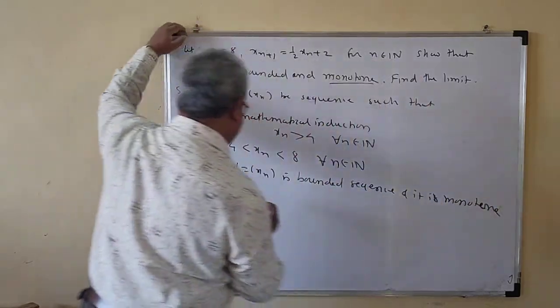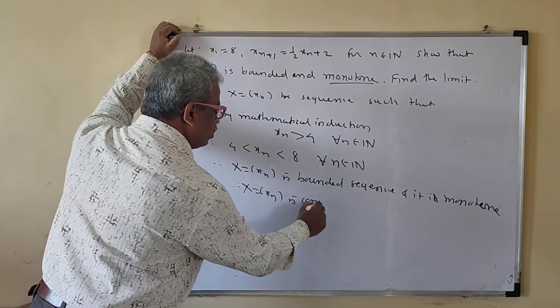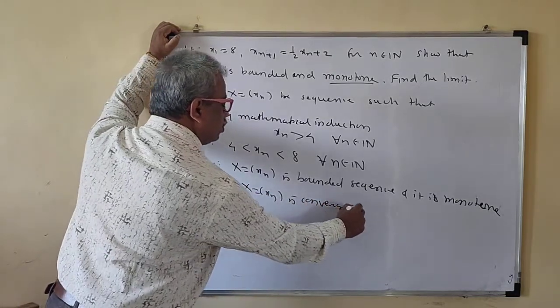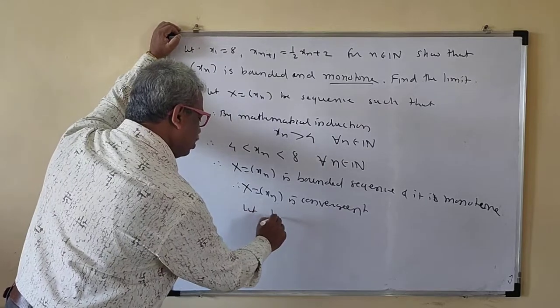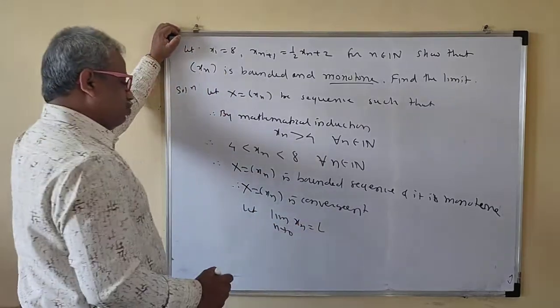Therefore, xn is convergent. Let limit n tends to infinity, xn is equal to L.